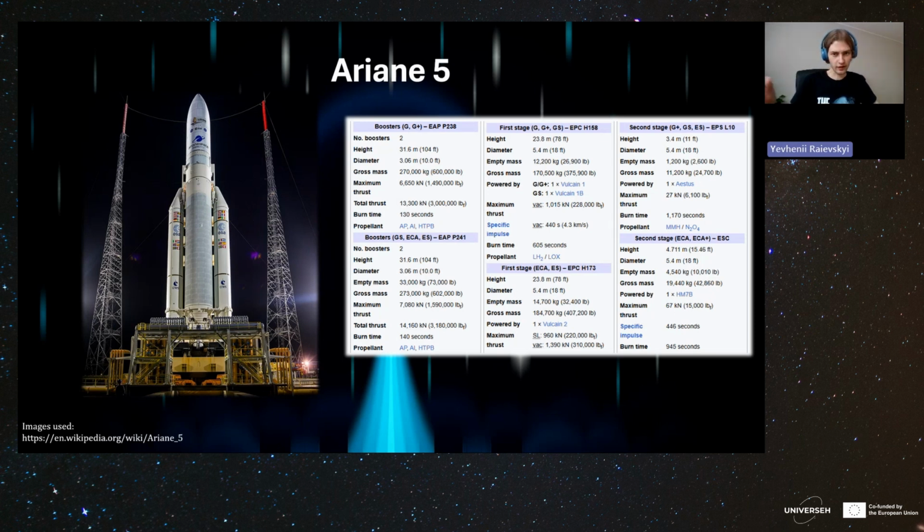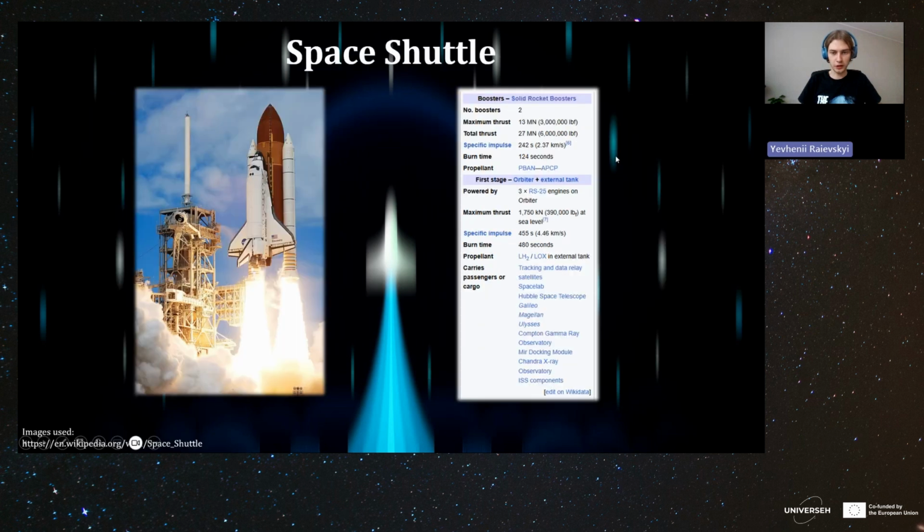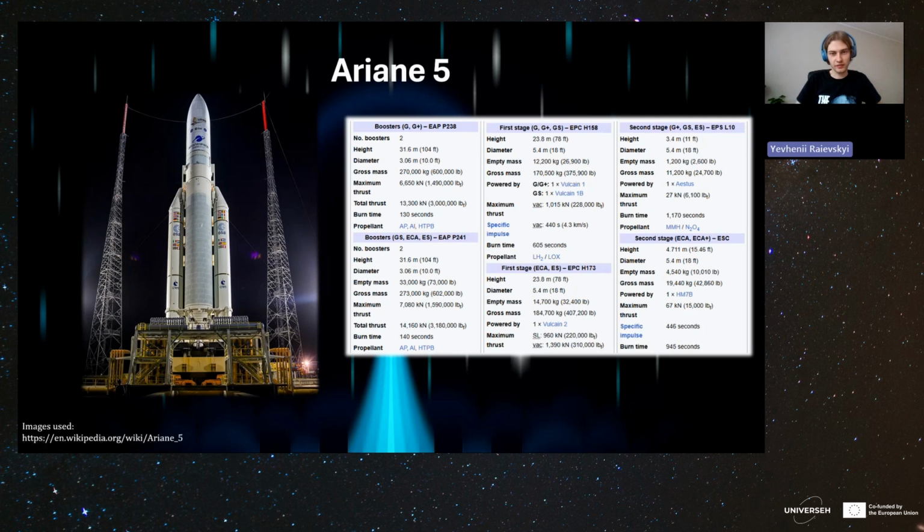Modern rockets are more complicated than, for example, Space Shuttle. Space Shuttle only has boosters and first stage. That's all. Modern Ariane 5 is much more complex.